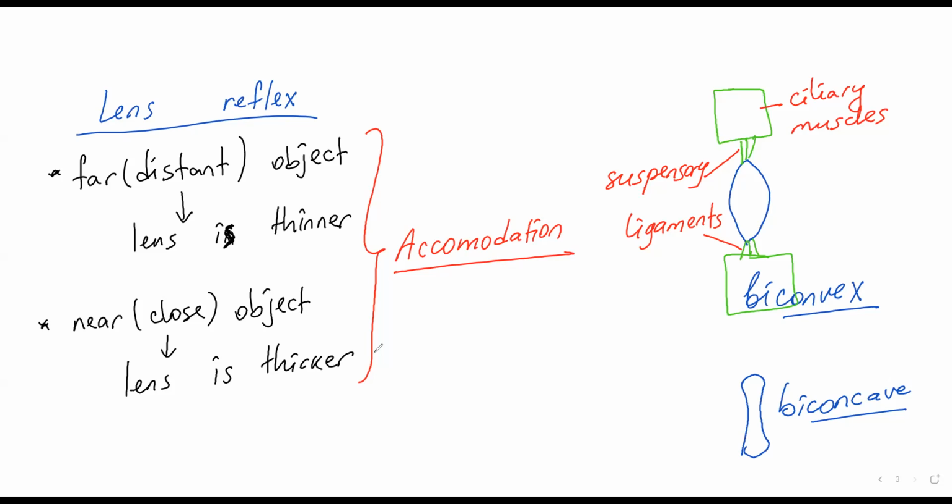Now, let's again draw a similar table to see how they are changing. So we have the far object and the close object.